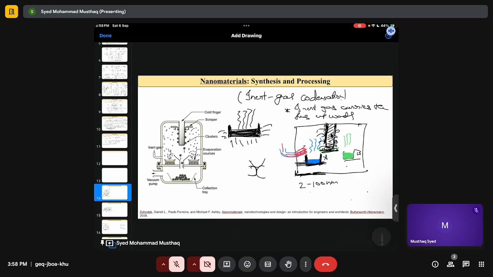Again, to reduce the surface area. How do you control this? You control this by maintaining a cold enough temperature so that they do not mix again. You need to play with the process parameters.